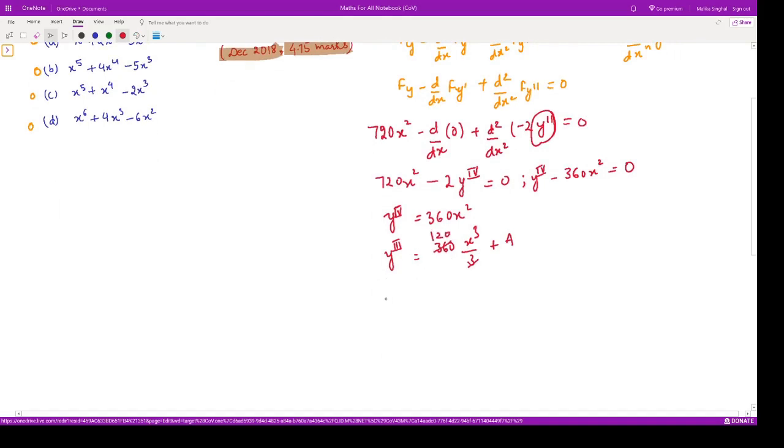Let us integrate again. We have the second derivative of y equal to 120x⁴/4 plus ax plus b, where b is another constant of integration, so it would be 30x⁴.